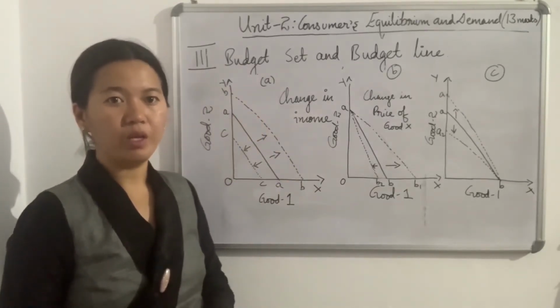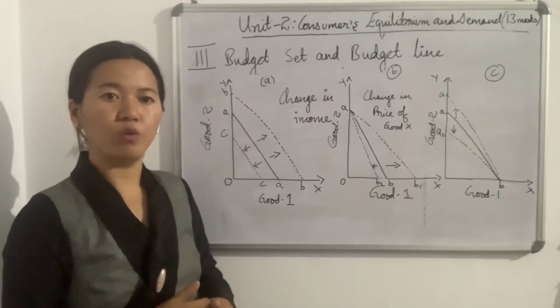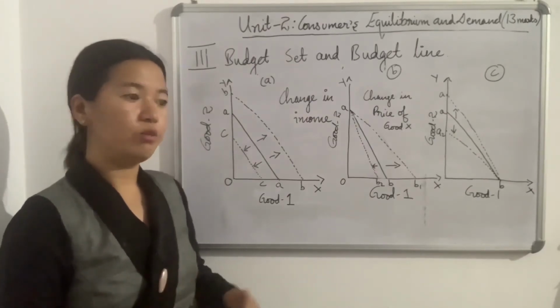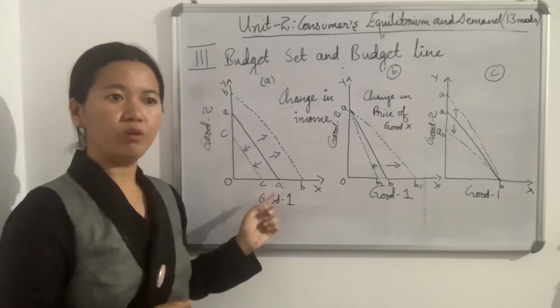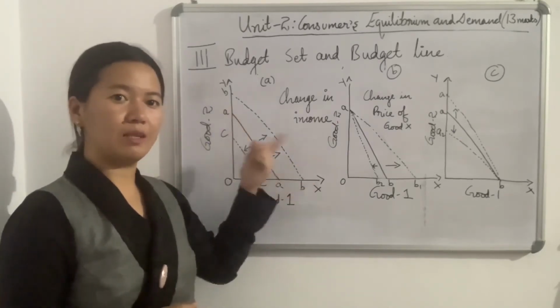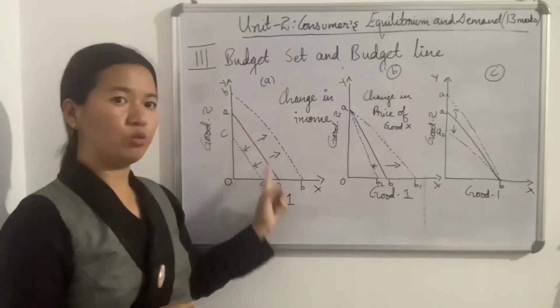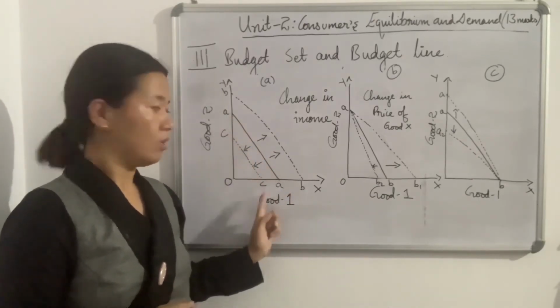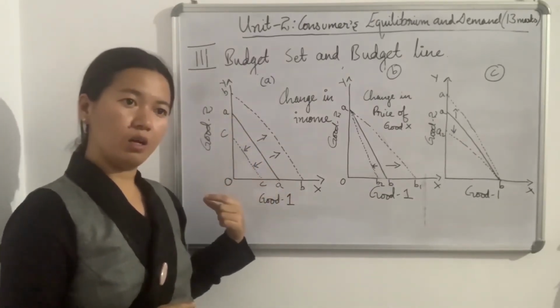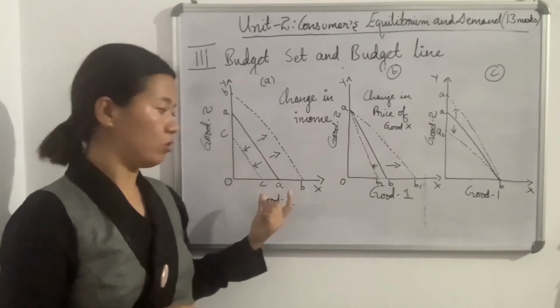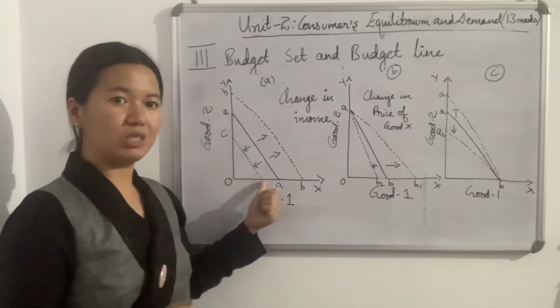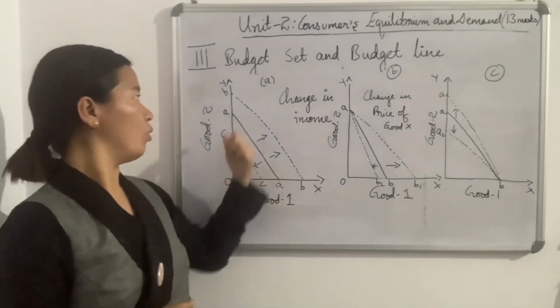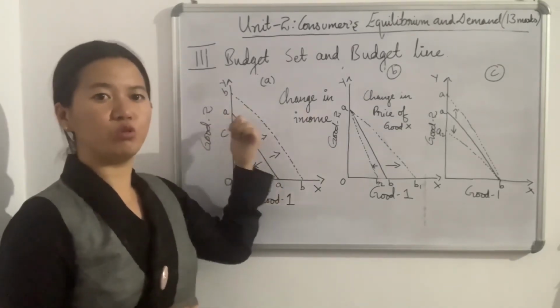In the same way, when your income falls, you will be able to purchase less of both the goods. Therefore, your budget line will shift towards the left from AA to CC. That is, your expenditure on good X will reduce from OA to OC, as well as OA to OC of good 2.